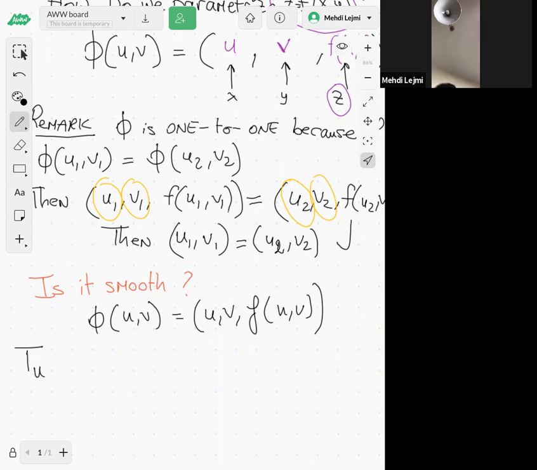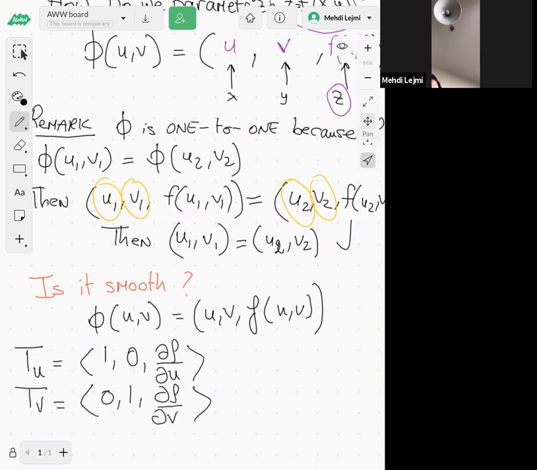t subscript u, that's the derivative with respect to u, will be equal to the vector 1, 0, partial f, partial u, right? Then t v will be 0, 1, partial f, partial v, right?